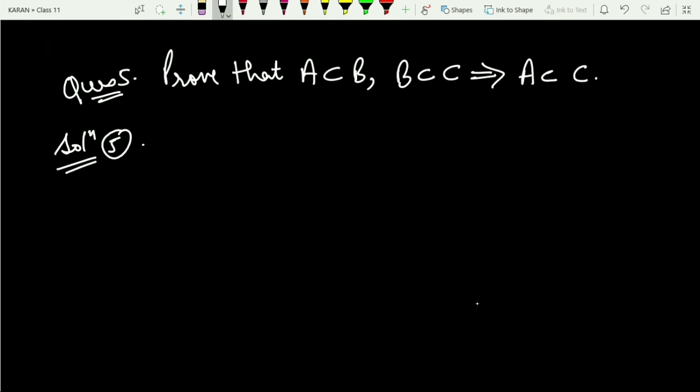So moving on to the last problem: prove that A is contained in B, B is contained in C, and finally you have to show that A is contained in C. That is what we are interested to prove.